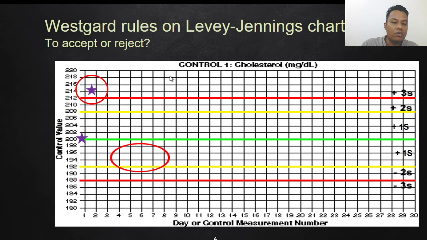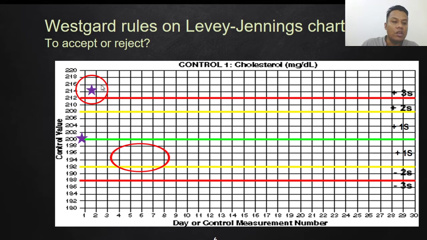For Westgard rules, if the value of the QC is more than 3S, we need to reject the QC for that time. So once we reject, we need to do troubleshooting.